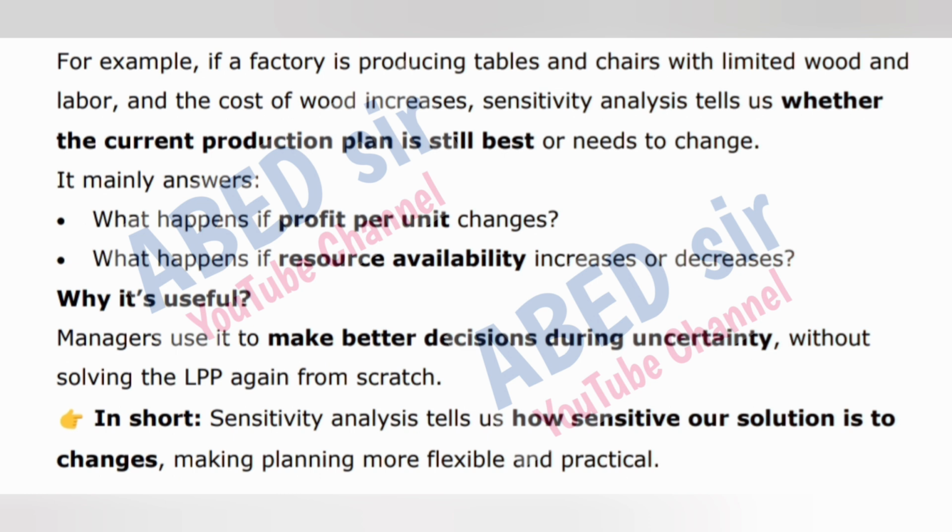What happens if resource availability increases or decreases? Why is it useful? Managers use it to make better decisions during uncertainty, without solving the LPP again from scratch. In short, sensitivity analysis tells us how sensitive our solution is to changes, making planning more flexible and practical.